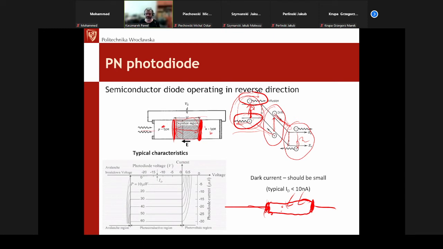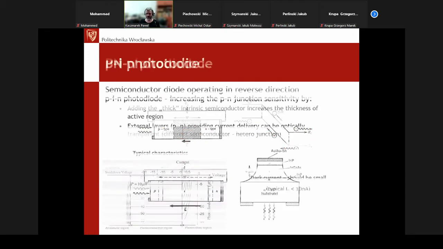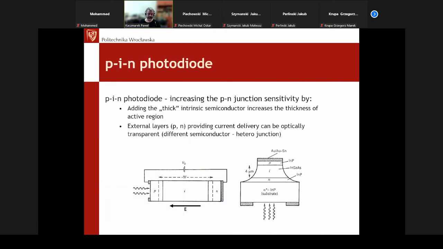So just to solve this problem, another type of photodetector was invented, and in fact these PIN photodiodes are widely used in telecommunication, and not only telecommunication, because they made some compromise between the sensitivity of such a device and the speed of their operation.